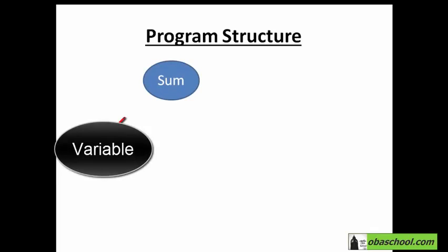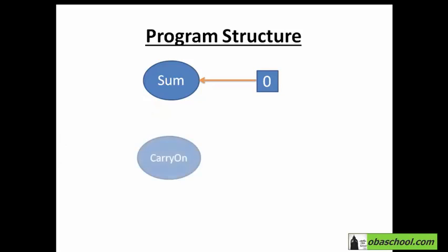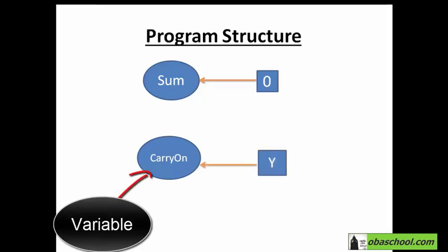Now let's talk about the program structure. So now we have the sum, which is a variable, and we always start with 0. And we will have another variable, which is carry on, and it will have the value y.